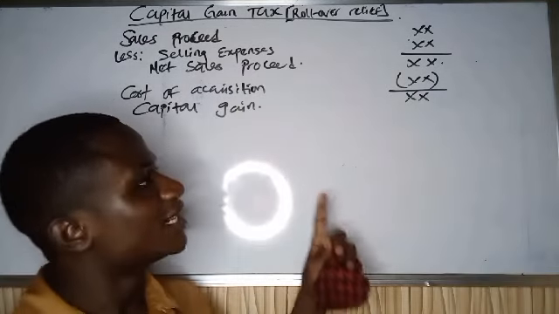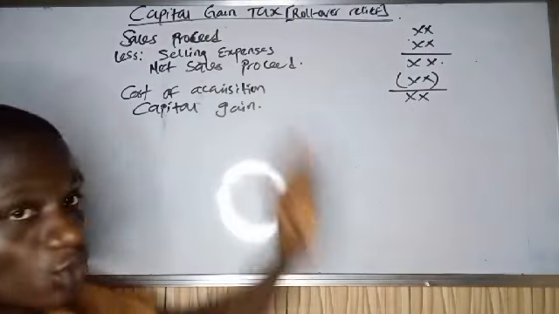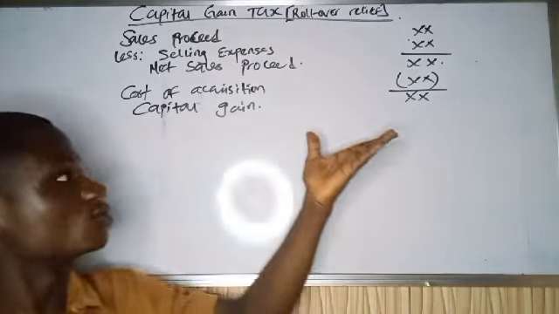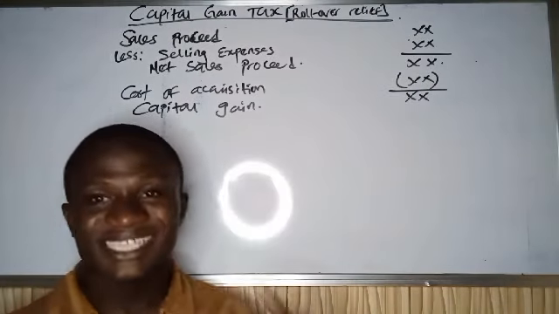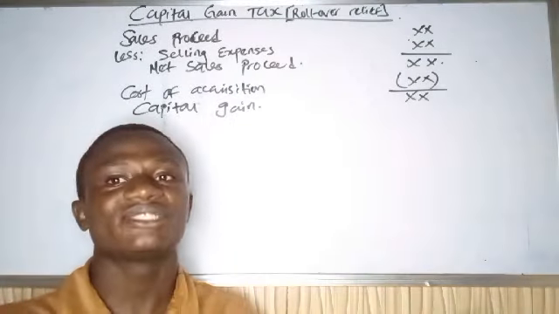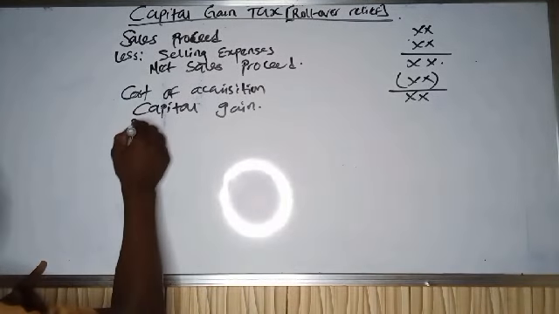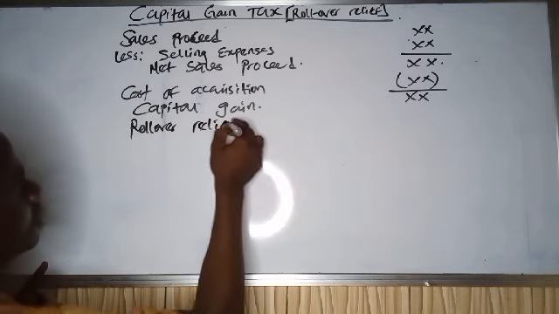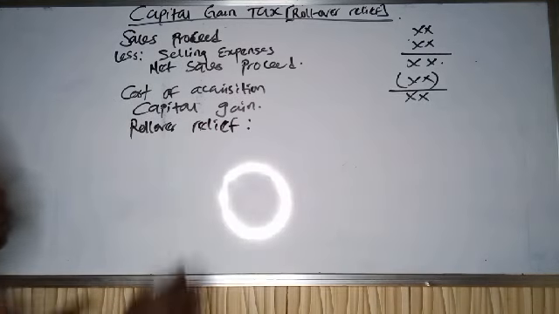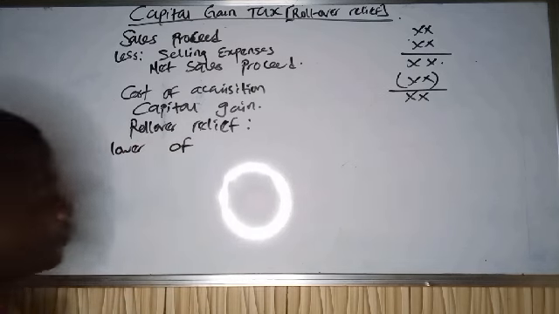Now, when you get to this point, if you have been told in the question that this particular individual is selling off the old asset to get a new asset of the same class, then you now calculate rollover relief. You go this way, rollover relief. So the rollover relief, you go with lower of.